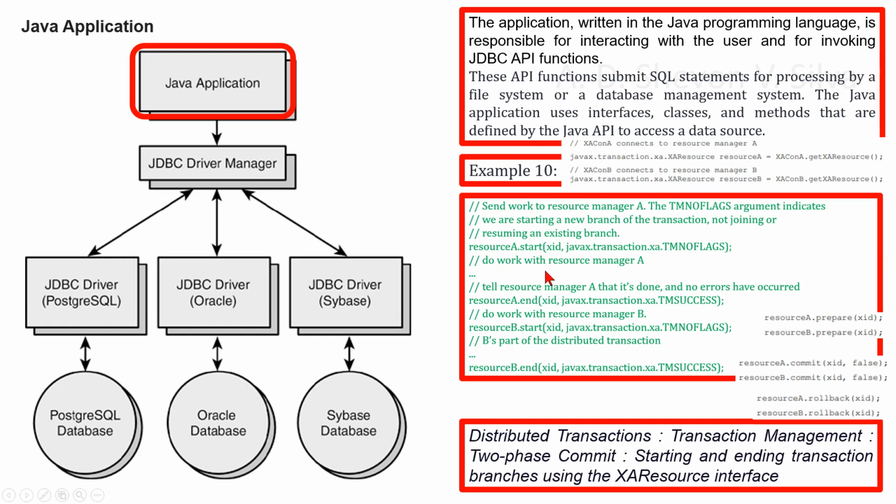Do work with resource manager A. Tell resource manager A that it's done and no errors have occurred. Now do work with resource manager B. B is part of the distributed transaction.